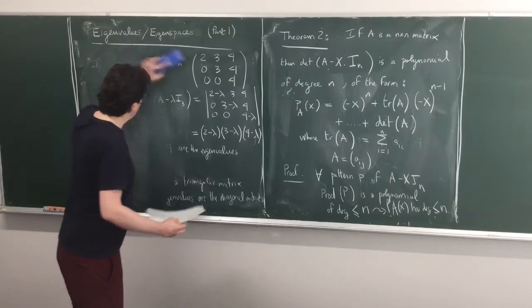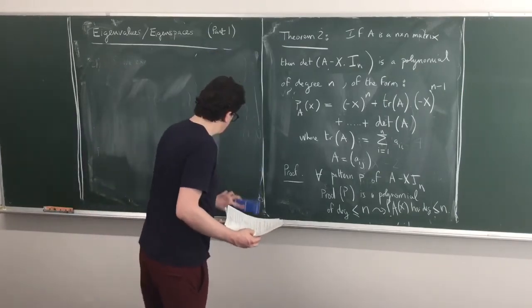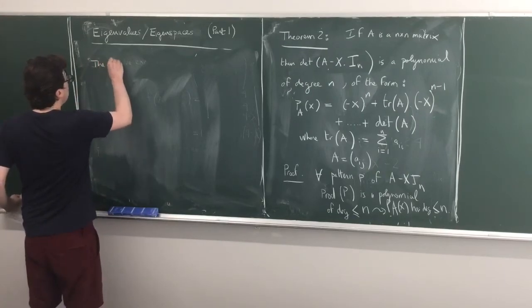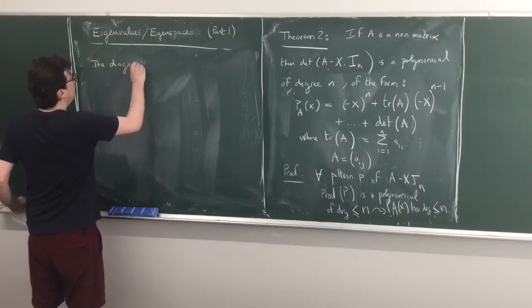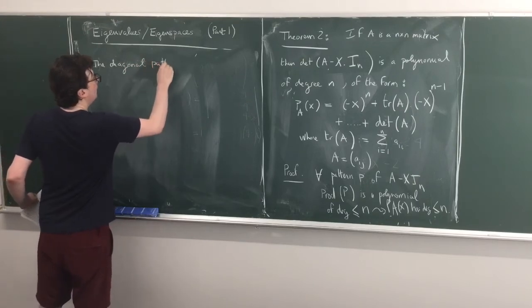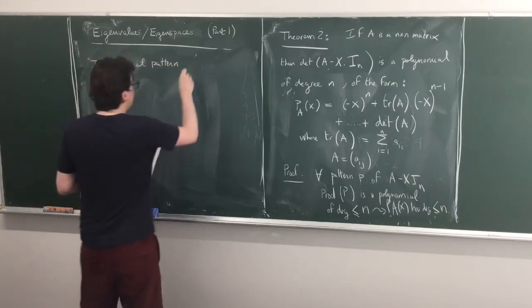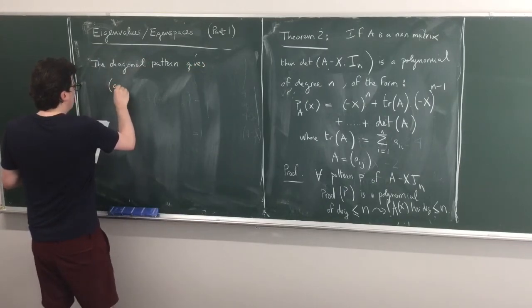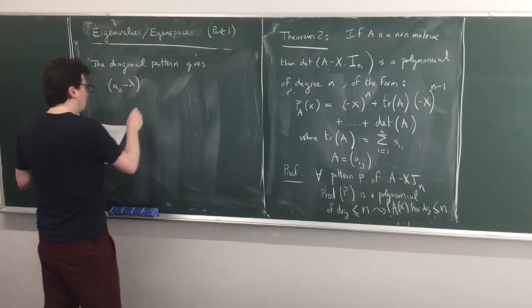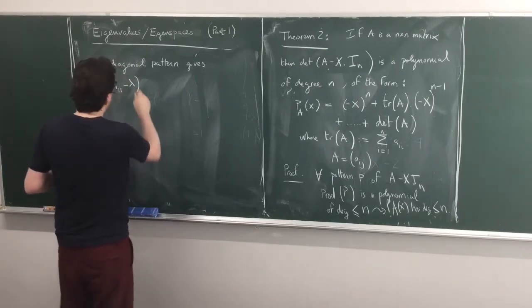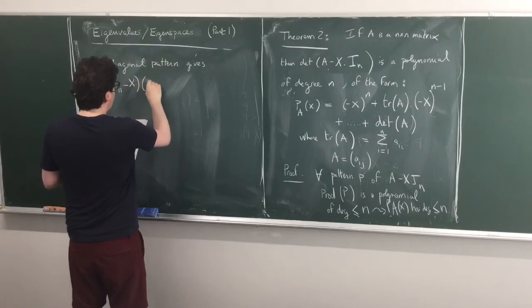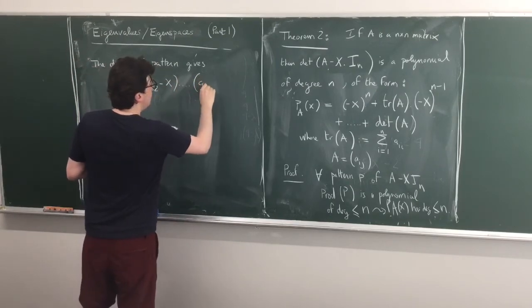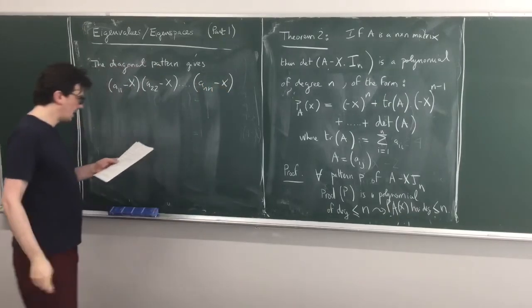Now, let's have a look at the diagonal pattern. The diagonal pattern gives A11 minus X, and then A22 minus X, and then ANN minus X, okay?